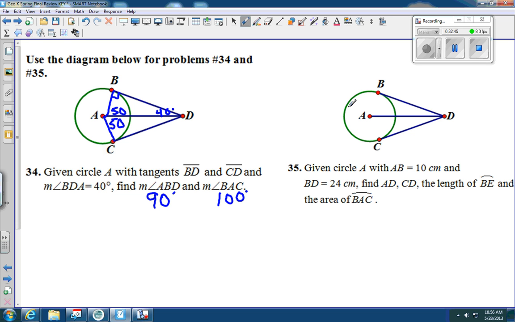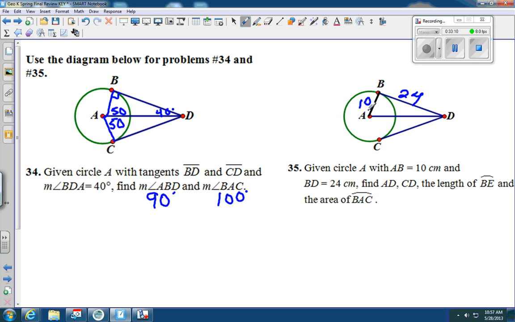Okay, this one you're using the same circle, so on your paper it's not redrawn for you. AB is 10. So let's go ahead and draw our line. Okay, so this is 10. BD is 24.